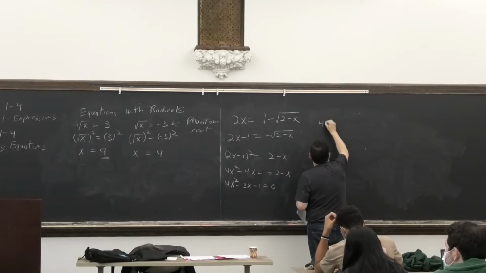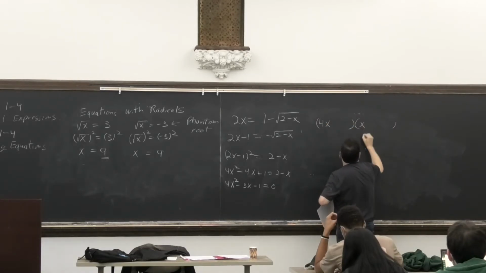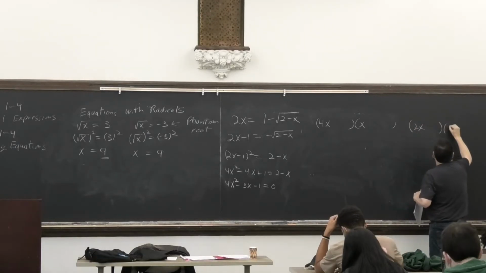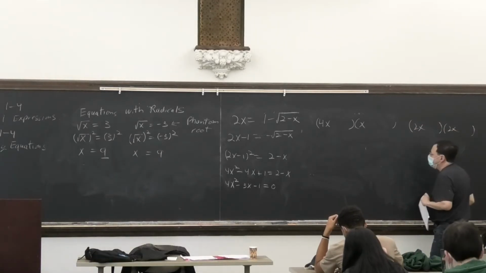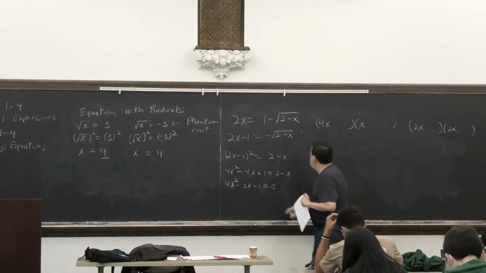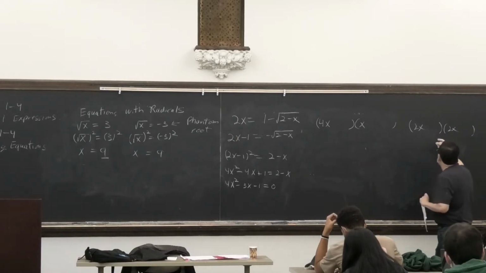I know that I either have 4x times x, or 2x and 2x, and I have to end up with minus 1. So one of these will be minus and one will be plus.